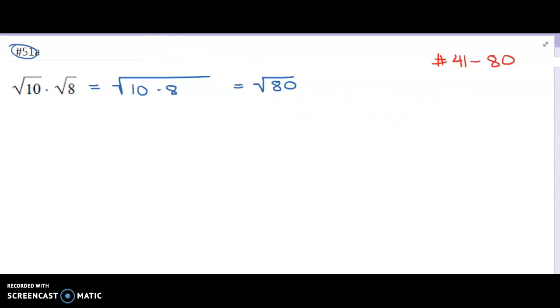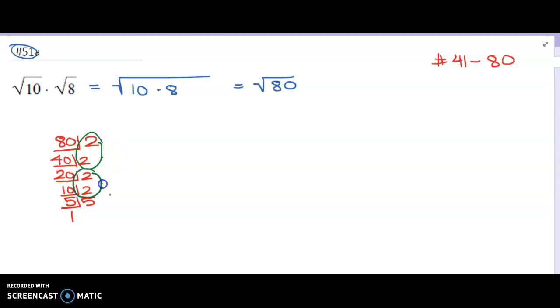Okay, now we're back to where we've already done this. So after you get the square root of 80, you want to break 80 down into its prime factorization. So 2 goes into 80 40 times, 2 goes into 40 20 times, 2 goes into 20 10 times, 2 goes into 10 5 times, 5 goes into 5 once. When we get to 1, we're done. Okay, now I want to go through and pull out our pairs.